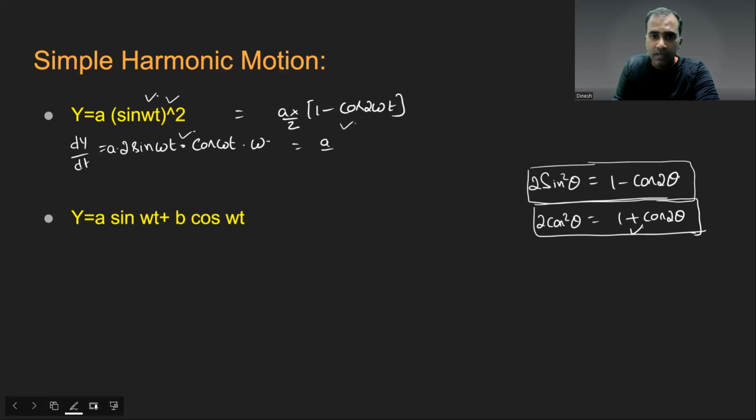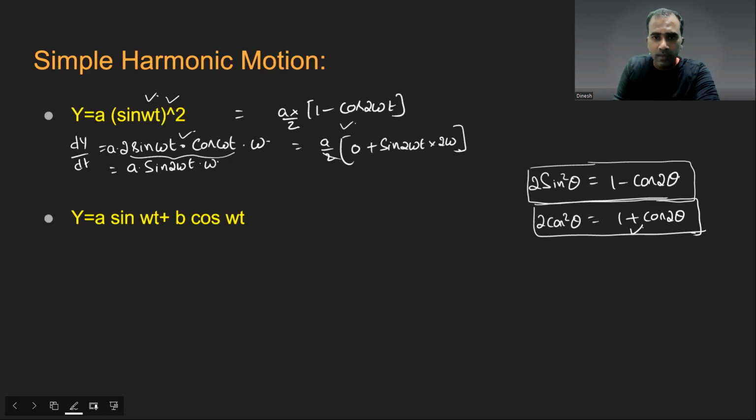So you can write it as a by 2 into the differentiation of 1, which is 0, minus cos 2 omega t. The differentiation of cos is minus sine, so it becomes plus sine 2 omega t into 2 omega. See this one, 2 sine omega t cos omega t is nothing but sine 2 omega t, into omega.